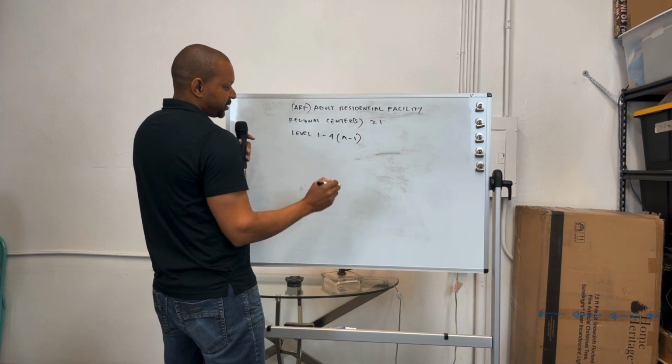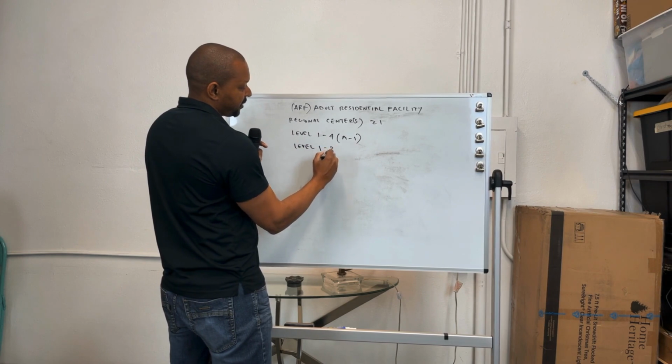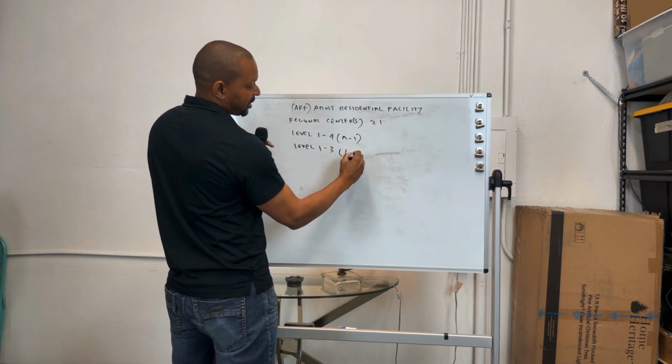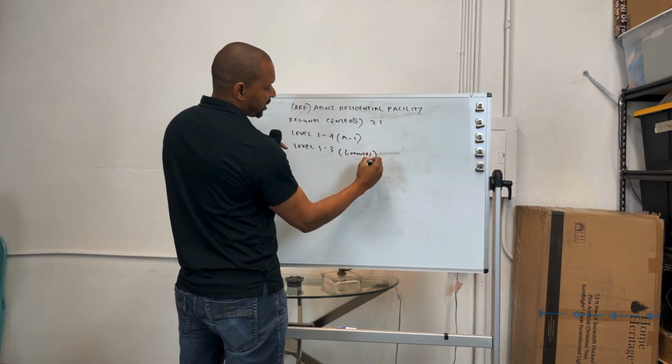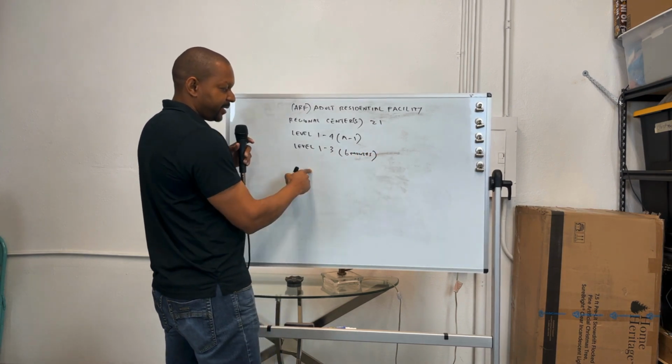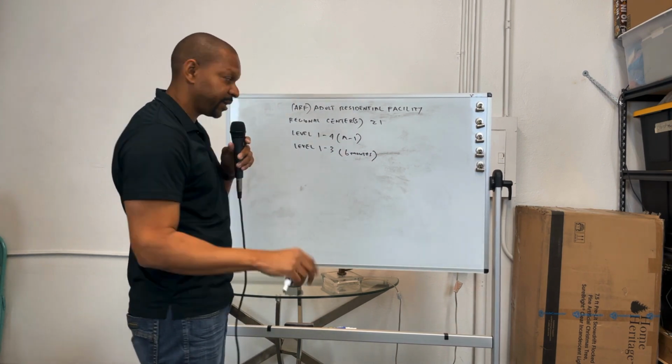So what experience do I need? If you're going to do a level 1 to 3, you need at least 6 months working in a level 1, 2, or 3 facility.